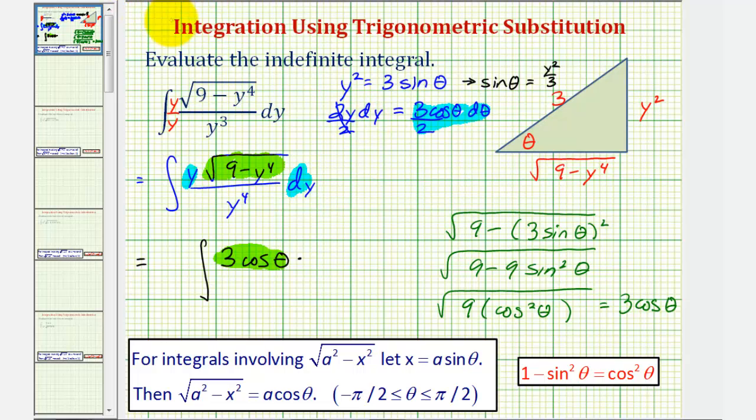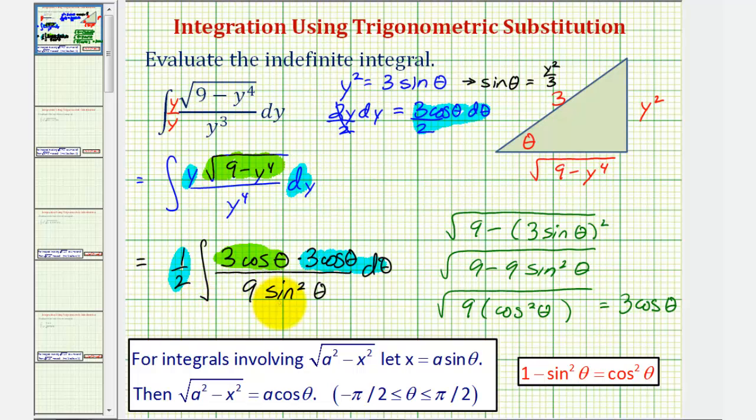So we'll write this as 1/2, and then we'll have in the integrand 3 cosine theta, and of course d theta. So again, y dy equals 1/2 times 3 cosine theta d theta. And now for our denominator, we have y to the fourth. Well, if y squared equals 3 sine theta, then y to the fourth would be 9 sine squared theta.